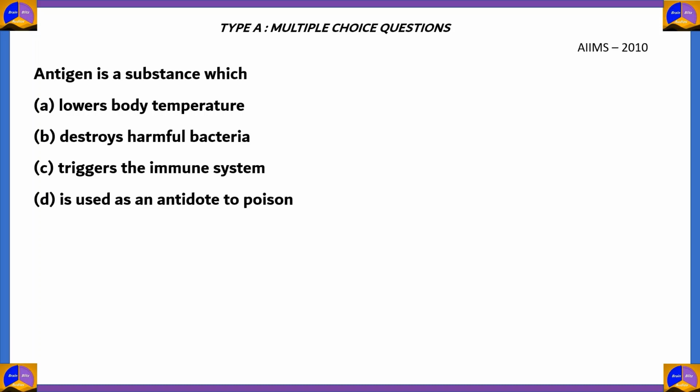So, what is an antigen? An antigen is a foreign body, and this foreign body triggers the release of antibodies, which make up the immune system. So option C, triggering the immune system, is the right answer.